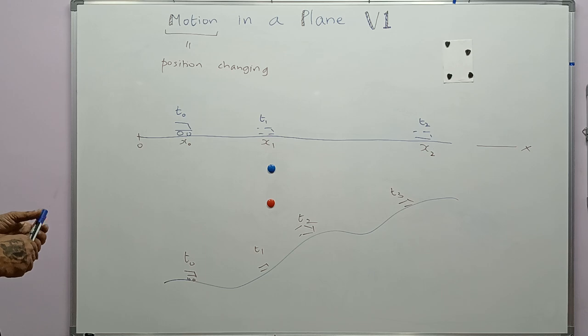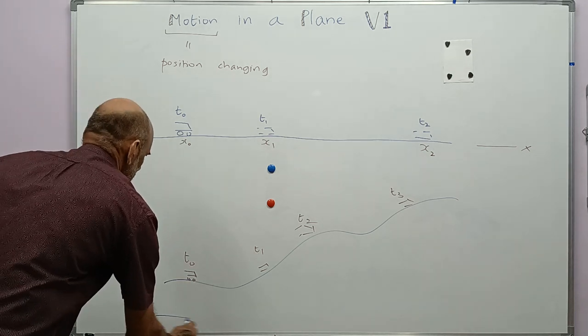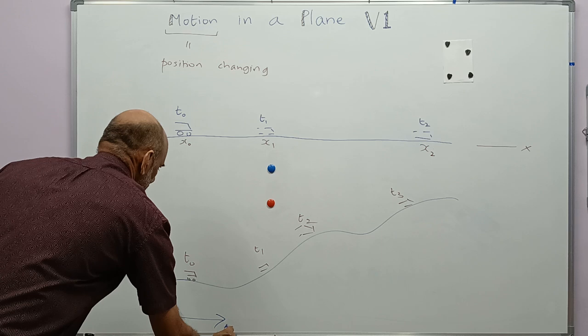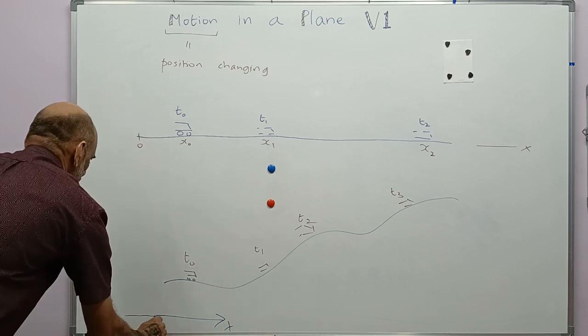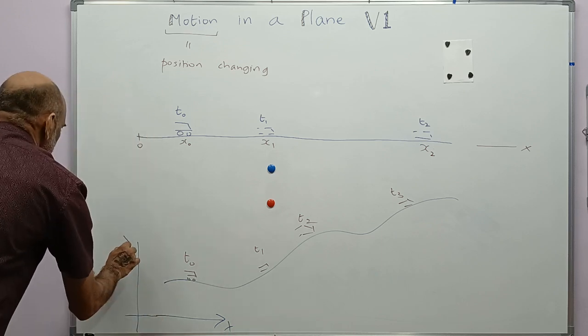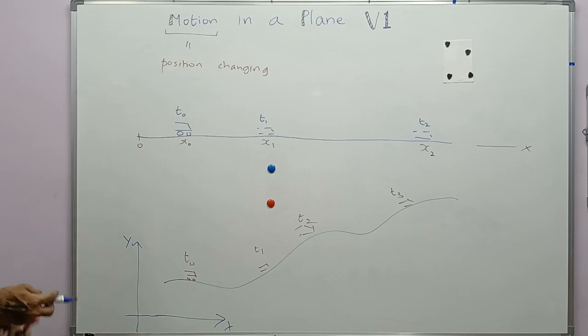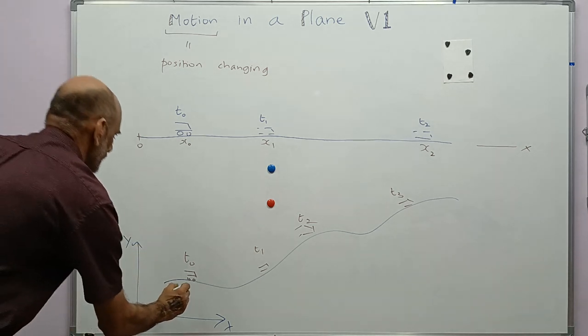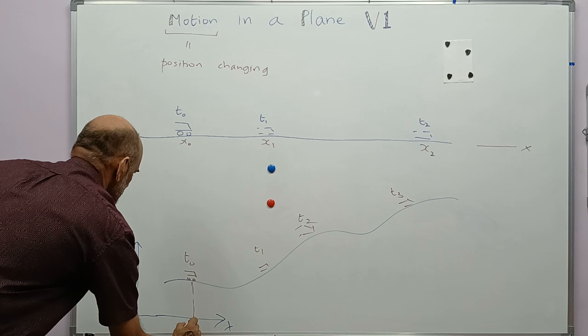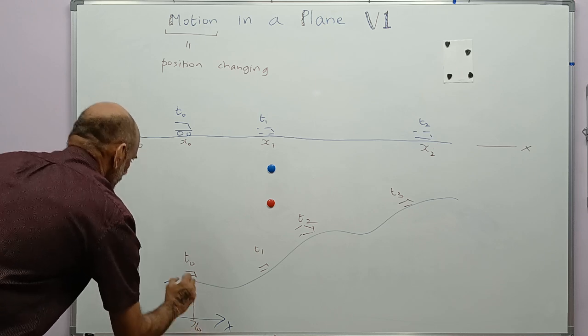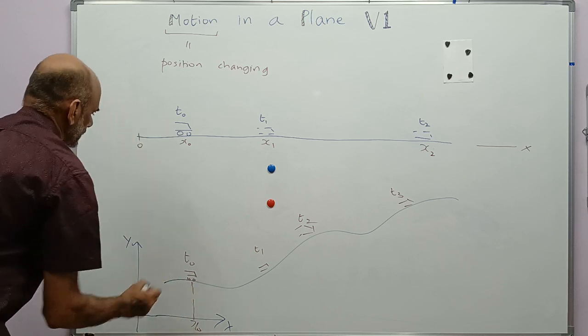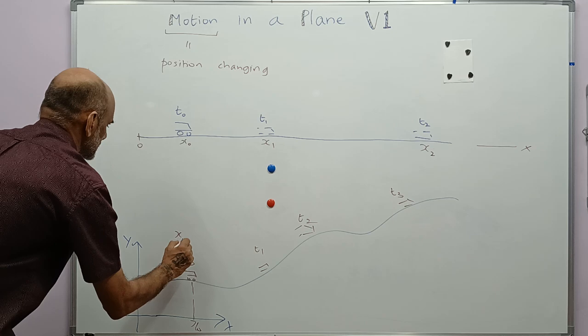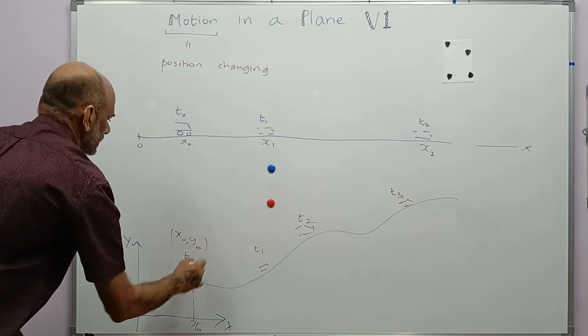So for this motion, to specify the position, we need two coordinates. One is the horizontal direction coordinate x-axis and the vertical coordinate y-axis. So the initial location, if it over perpendicular, see this much is x0 and this vertical distance is y0. So the initial location is x0, y0.